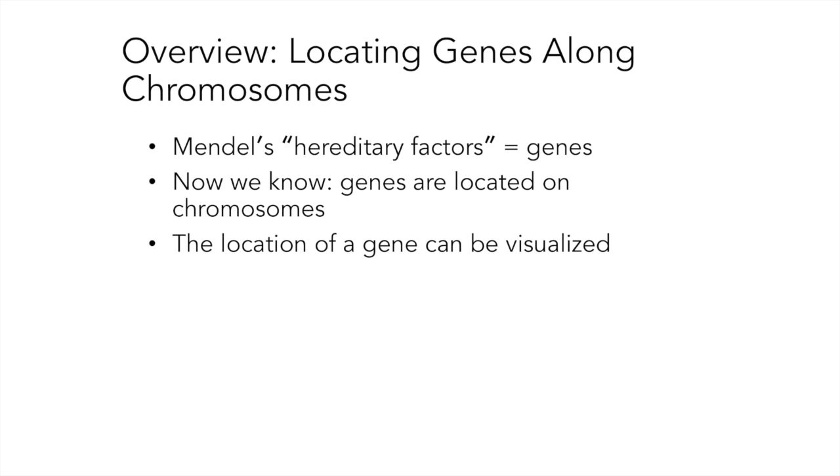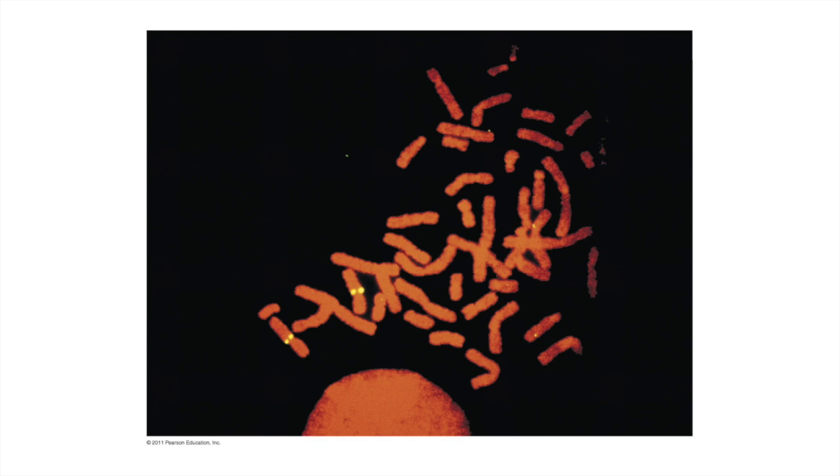So what Mendel called hereditary factors, we would now call genes. And we know that genes are physically located on the chromosomes, and we can see where those genes are using some very sophisticated techniques. For example, we can put a fluorescent label onto a particular gene and see that here in this image, that bright yellow spot there and there, those are the same gene on two different sister chromatids, and the same gene is on the homologous chromosome.